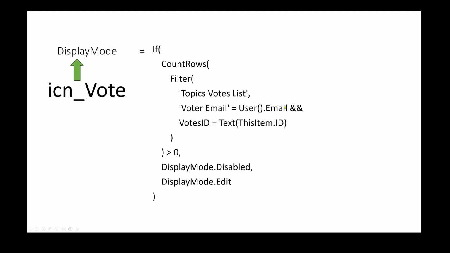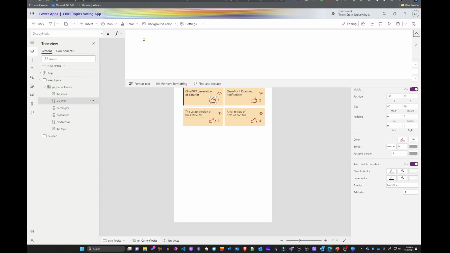So once we get that subset, we count the number of rows. And if that number is bigger than 0, in other words, the current person has already voted for this, then we will turn the display mode to disabled. Otherwise, we'll keep it as edit. So let's take a look.